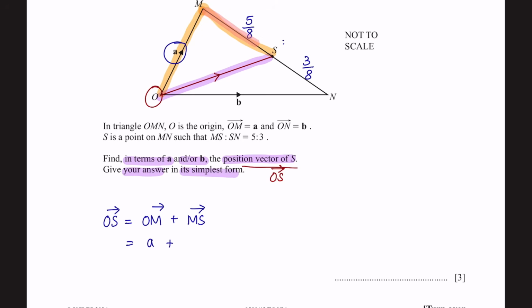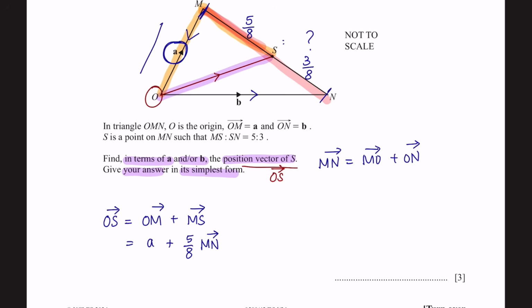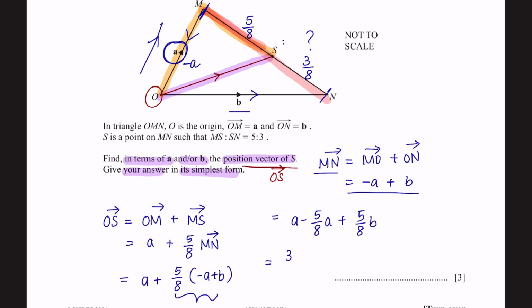Now the vector of M to S is on the line of M to N, and M to S is 5 over 8 of the length from M to N. So we first must find out what is the vector of M to N. For MN, we first must go through M to O and then O to N. M to O is the opposite of O to M, so this will be negative a plus ON is b. So this is the vector of M to N. So we can just substitute that and now expand this. So this will give us 3 over 8 a plus 5 over 8 b.